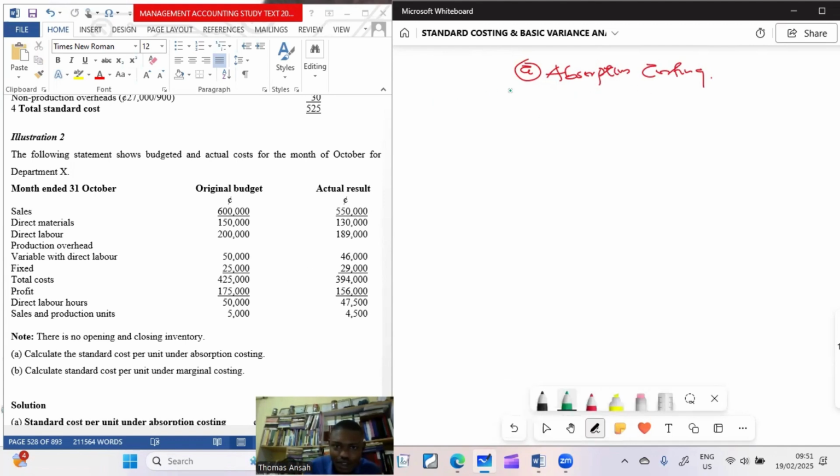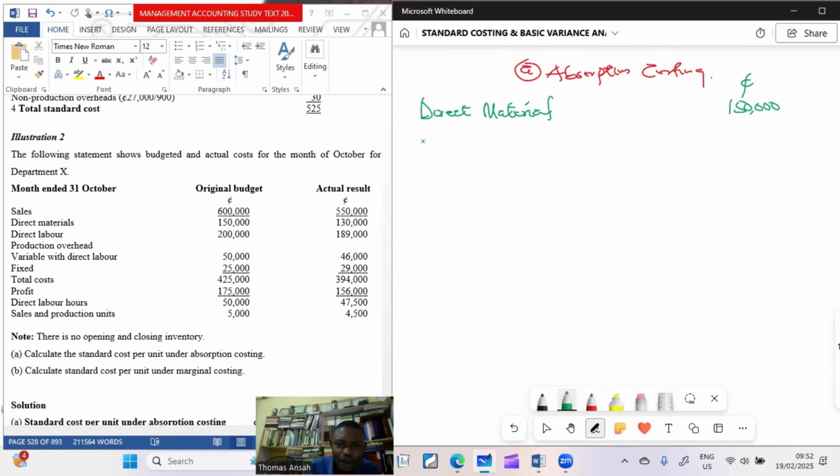So we are doing standard cost. So cost, we will need direct materials. And don't forget, standard cost is what? Per unit. So materials. And so what is the direct materials that you need? We don't have quantity. So direct material is straight. If you are using absorption costing, you have 150,000, you have it.